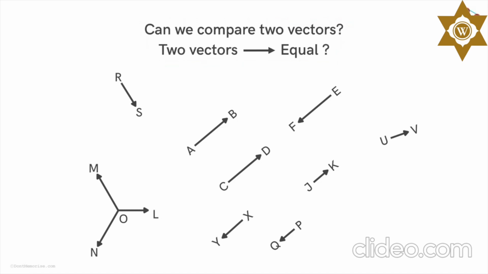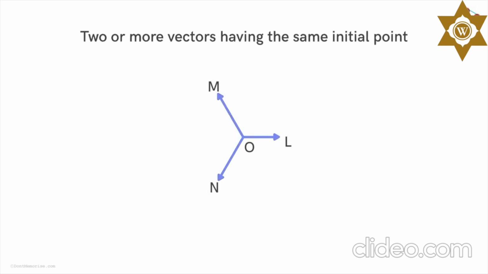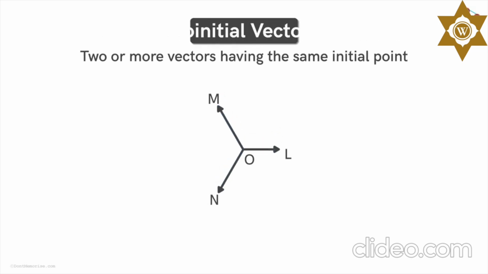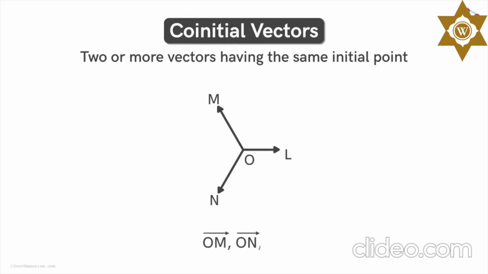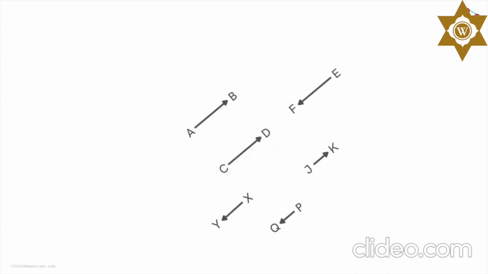First, let's consider these vectors. We can see that they all have a common initial point O. Two or more vectors having the same initial point are called co-initial vectors. So here, vectors OM, ON and OL are all co-initial vectors. Now consider these vectors.